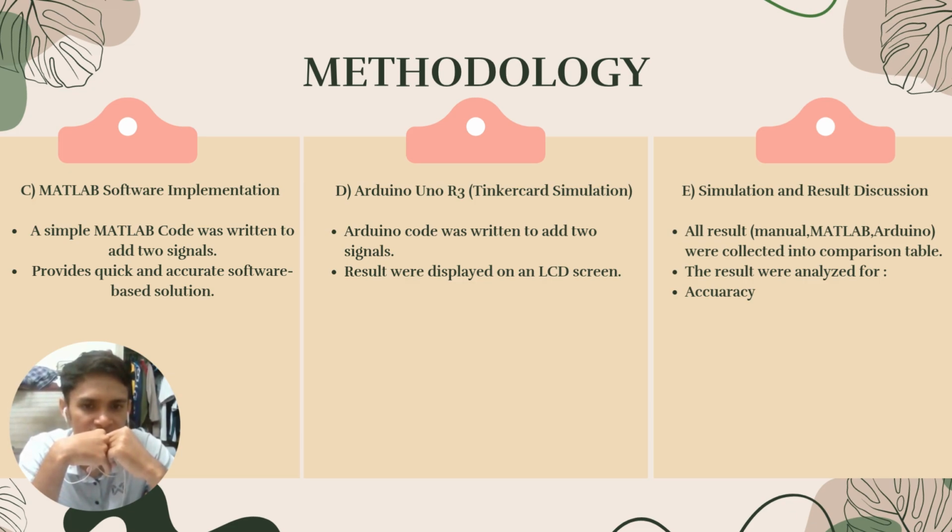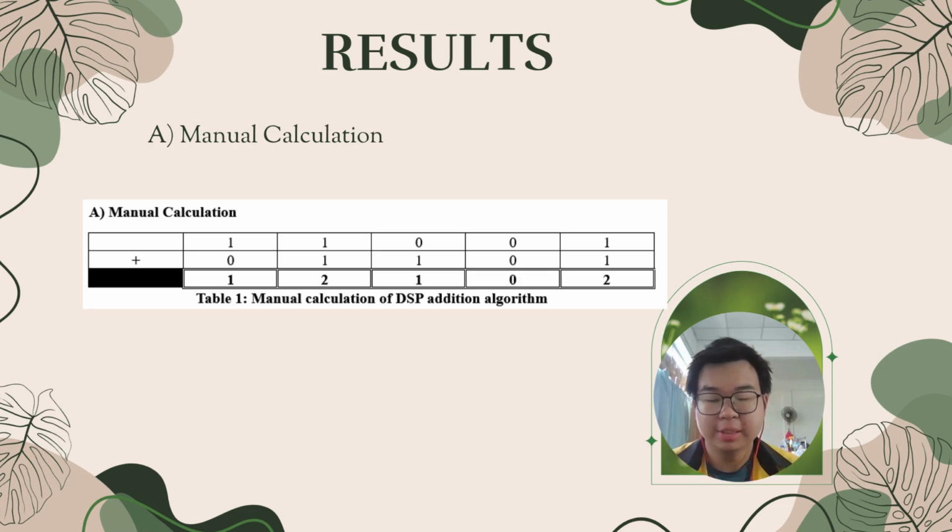E. The simulation and result discussion. All results, manual, MATLAB and Arduino, were collected in two comparison tables. The results were analyzed for accuracy. So the first one is the manual calculation. We want to compare the value between the manual calculations, simulations, and real life applications.